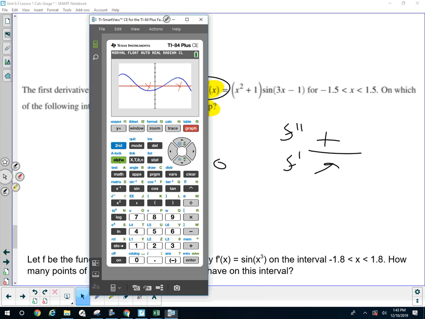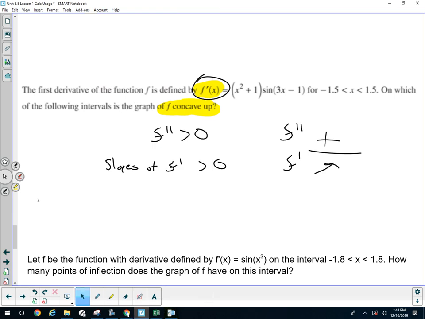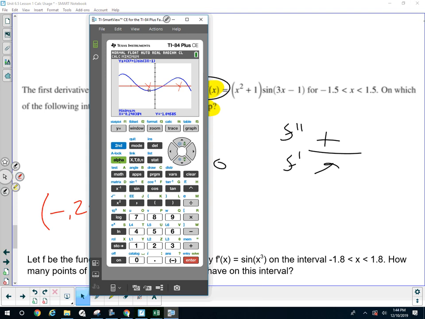So I'm not going to find zeros. Instead, I'm going to go second calc min to the left, enter to the right, enter, guess, enter, negative 0.240, and then I'm going to go and find the max.